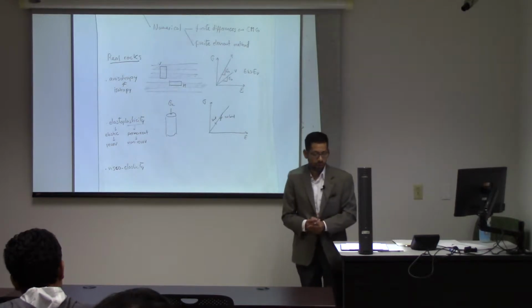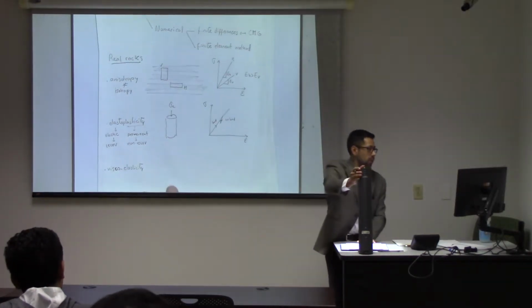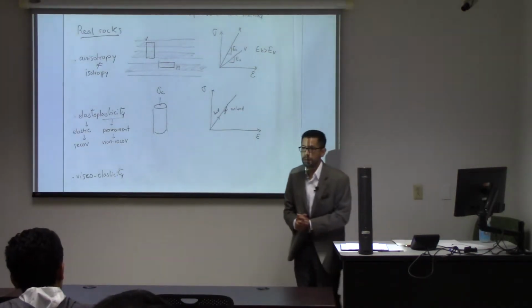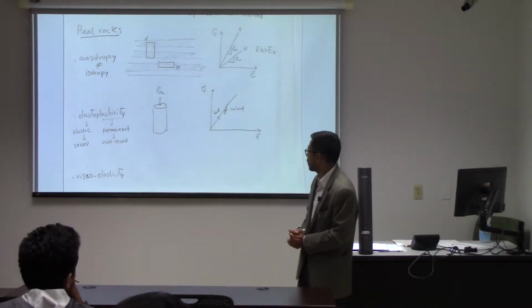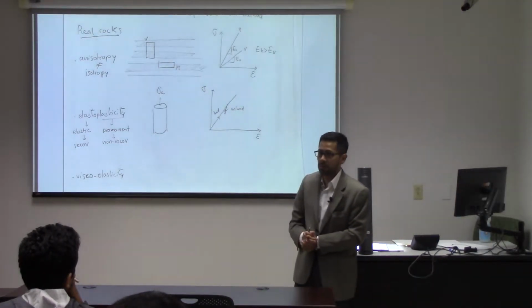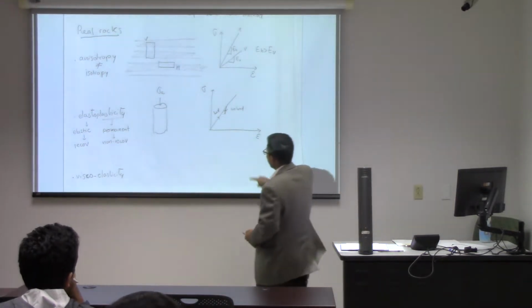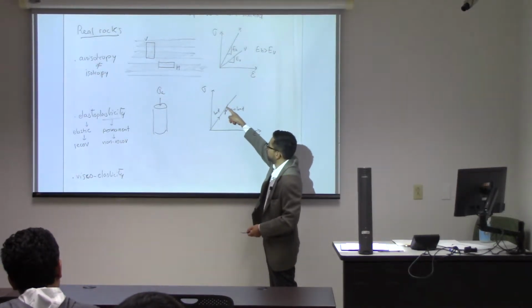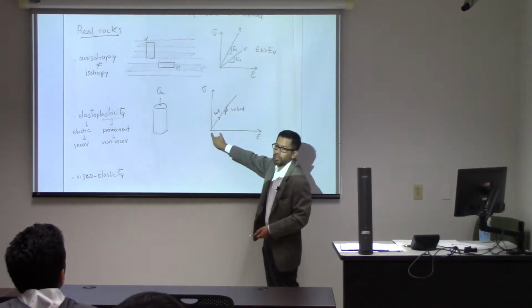Why do we have this unloading different than the loading? Any idea, any suggestion why we may have that? So imagine if we were to come back all the way, now I just came back a little bit, but if we were to come back all the way to here, you will end up with a non-recoverable deformation.